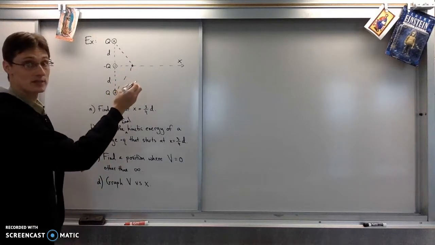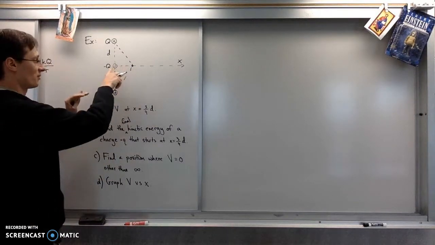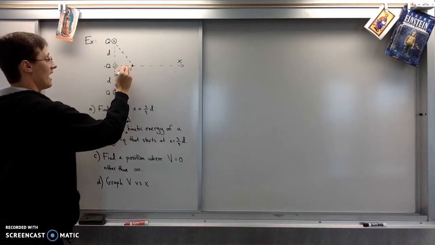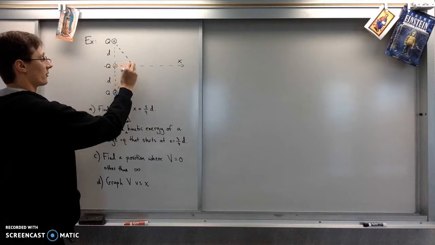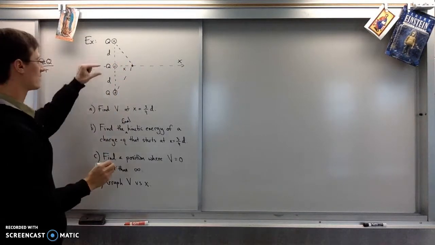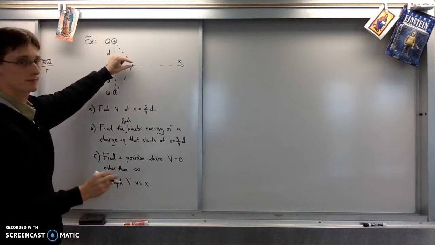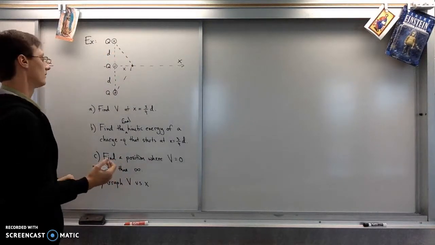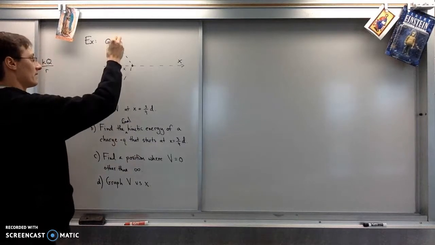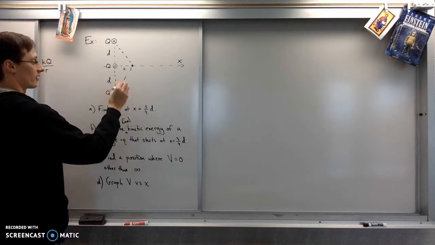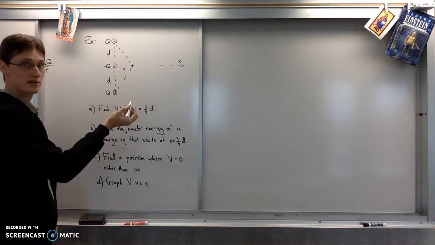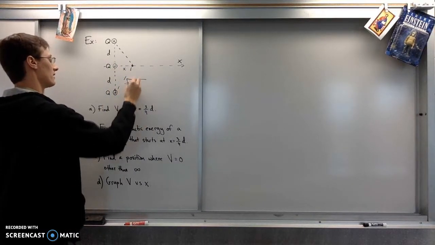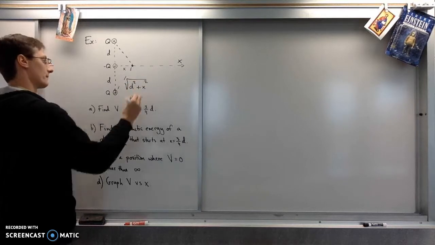I'm going to use the same dot, but now instead of it being some particular distance from this, I'm just going to say it's x away from this one. So I'm using this as my origin. I'm saying this point, wherever that is, is x away from it. And that means that this one and this one are going to be, in terms of the Pythagorean theorem, the square root of d squared plus x squared away from it.